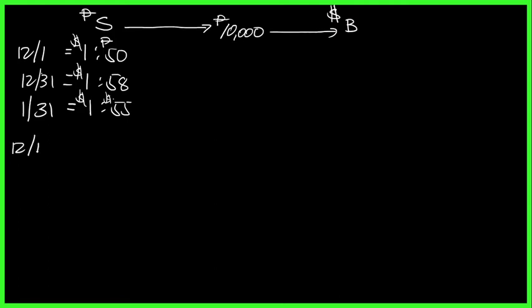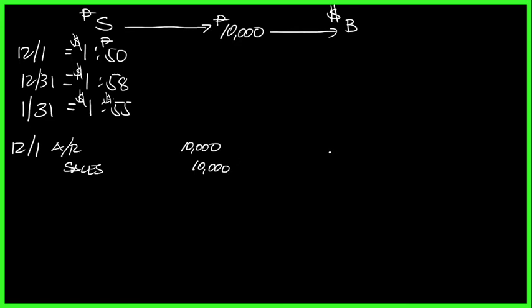Let's start with December 1. In the books of the seller, of course, there will be a debit to accounts receivable amounting to 10,000 pesos and a credit to sales amounting to 10,000 pesos.